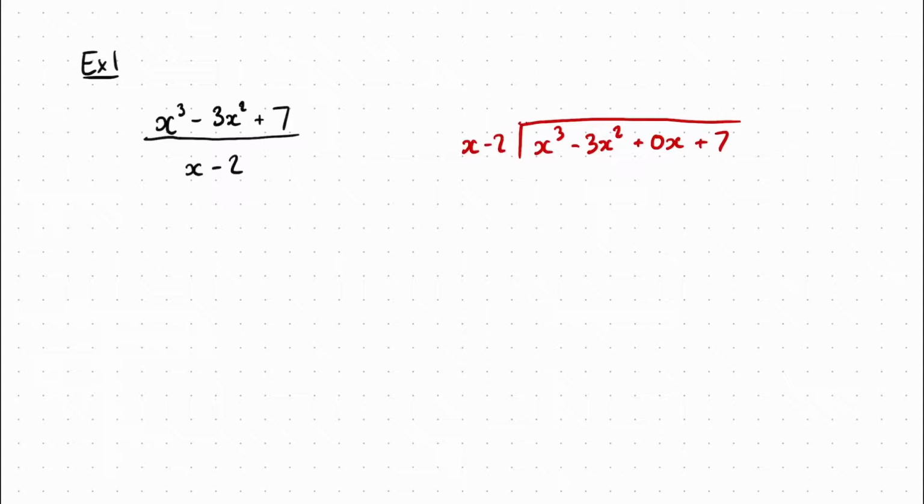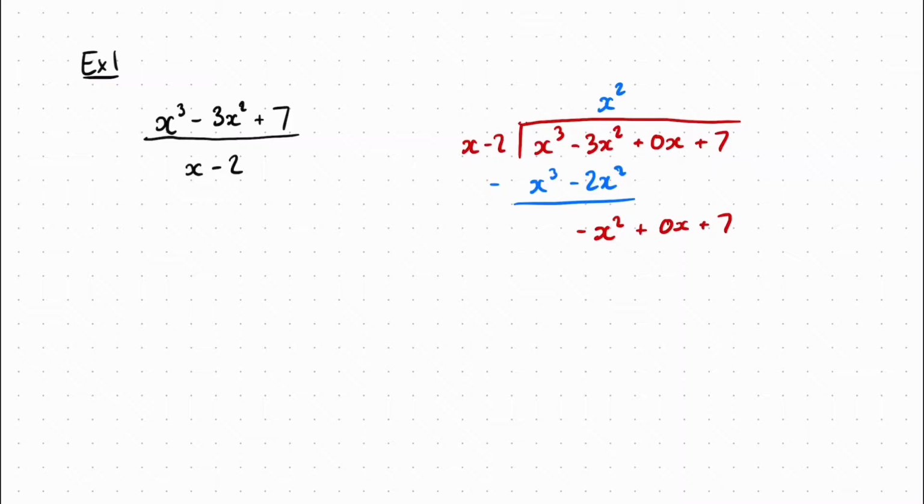So what do we multiply x by to get a term involving x cubed? That would be x squared, so we multiply x minus 2 by x squared, which gives us x cubed minus 2x squared, and we take that away from the line above, giving us x cubed minus x cubed, which is nothing, and minus 3x squared minus 2x squared, which is negative x squared. Then we bring down the rest, plus 0x plus 7.